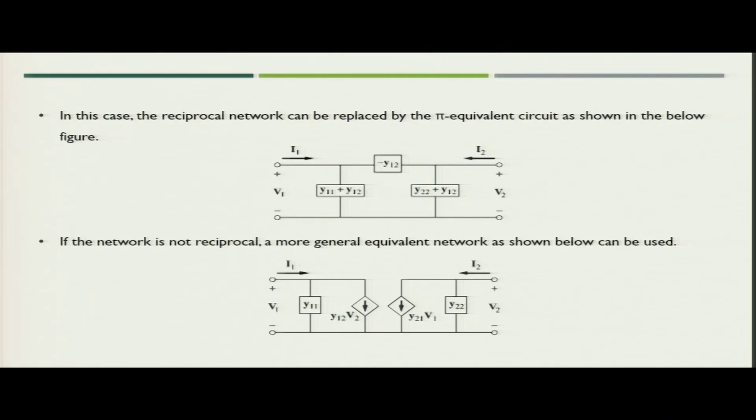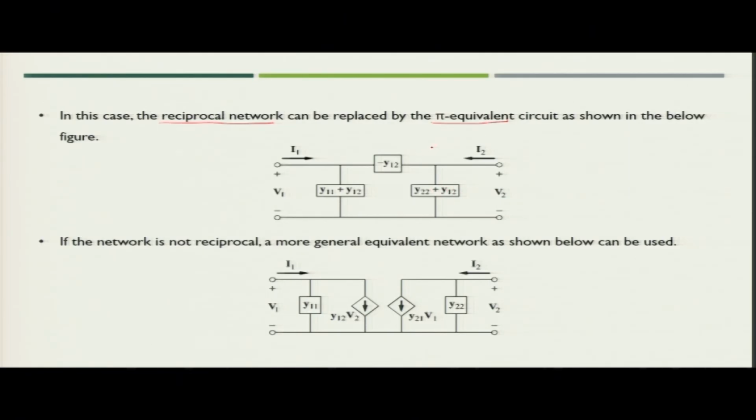Now, what will happen in the case of a reciprocal network? If the network is reciprocal, we can represent the circuit with its pi equivalent model. So, what will be the values of the pi equivalent? If you see the left leg of the pi circuit, the value of the left leg admittance would be Y11 plus Y12, while the value of the right leg admittance is Y22 plus Y12.